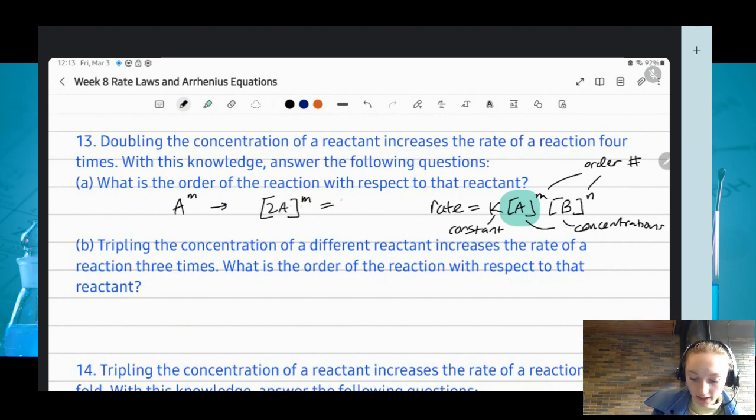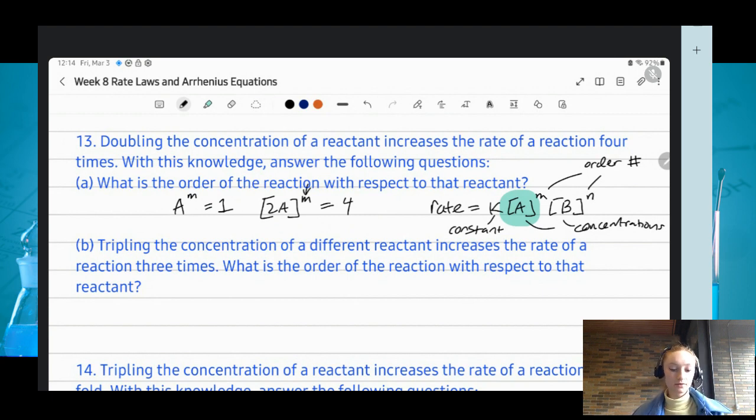So let's just say A to the m is 1, and then 2 to the m is 4. So what just happened? You could say that for right now, since it doubled, it has to have a power of 2 here.